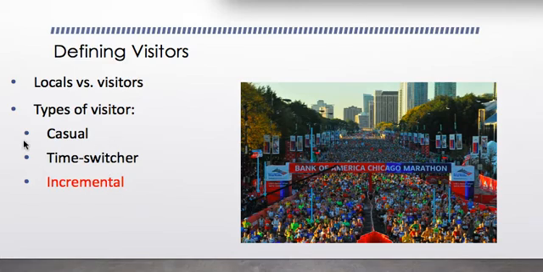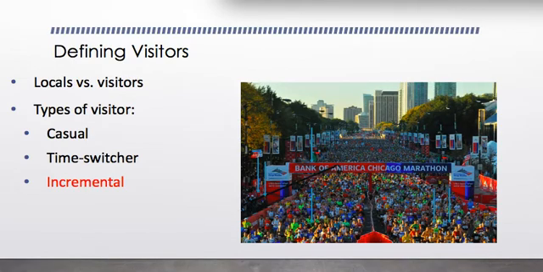All right. Our last type of visitor is the visitor that we are most interested in when we are calculating economic impact for a sports team. So an incremental visitor is someone who has come to town specifically for the sporting event and would not have come otherwise. So as you can probably guess, based on our definitions of these other visitors, that would mean that we want to account for all of their spending.